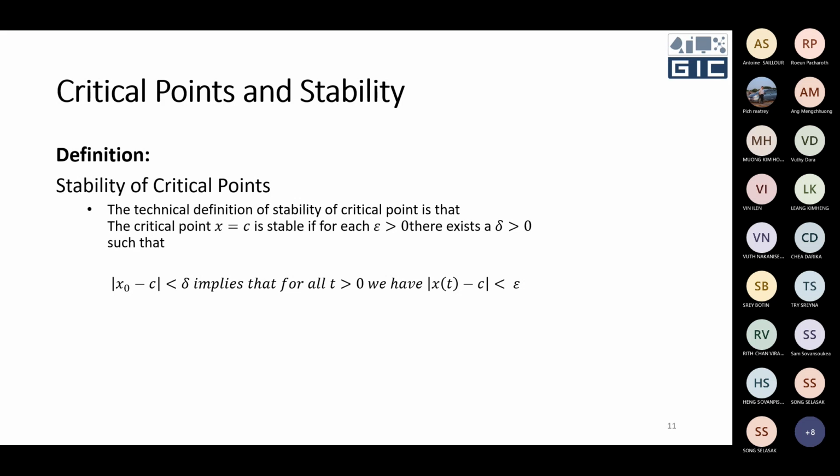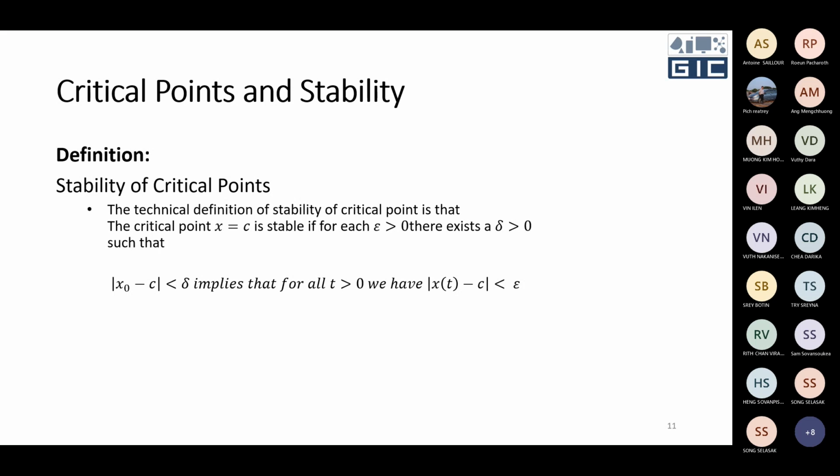For the technical definition of the stability of the critical point, I just read the slide: the critical point x equal to c. In this case, I do not use x of t because I assume there is only one critical point in our solution, just like a linear equation. We have only one variable and one degree.